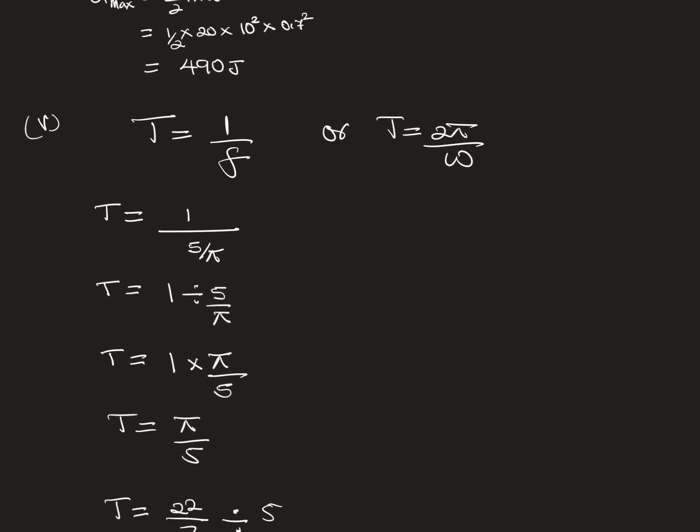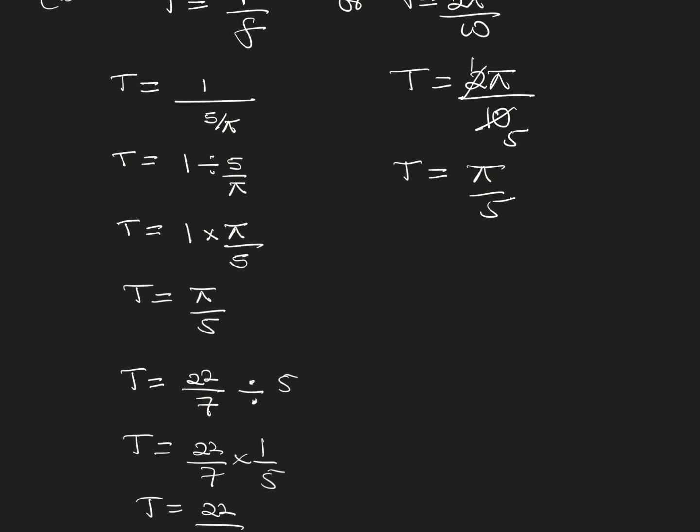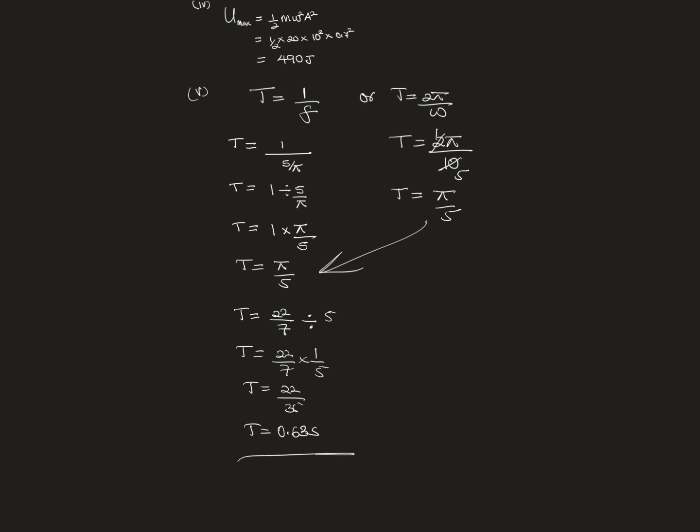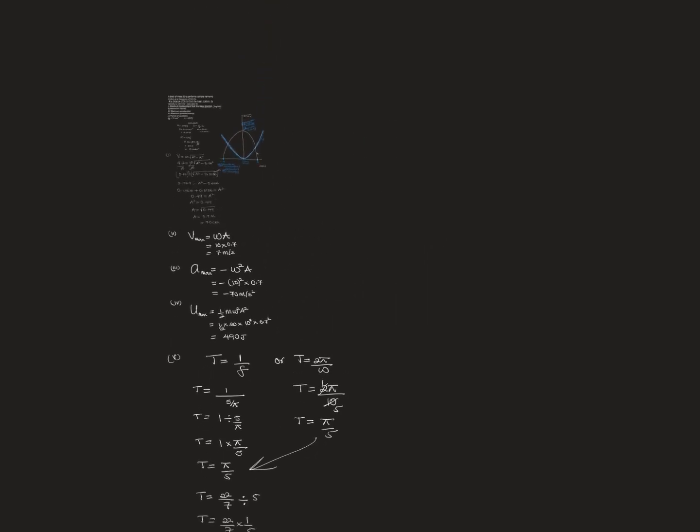We can also use the angular frequency. The period will be 2 pi over the angular frequency, which is 10. If 2 goes once here and 5 times there, you have pi over 5. You see the same thing, and you can have it as 0.63 seconds.